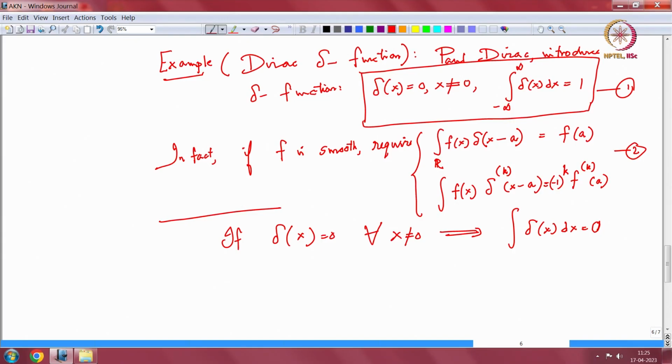Number 2 is the delta at various points acting on your f of x to produce f of a, or the derivatives of delta. So, what is wrong here is that a point is a mathematical concept, whereas these quantities will be physical functions.